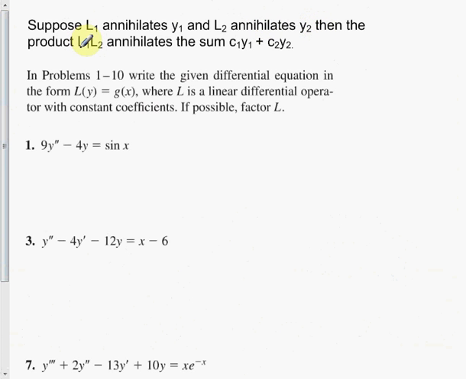Then the product, L sub 1 times L sub 2, annihilates the sum, C sub 1 times y sub 1 plus C sub 2 times y sub 2. This is coming from the superposition principle of how you would write solutions for a homogeneous differential equation. Before I prove that, I want to show you some problems.